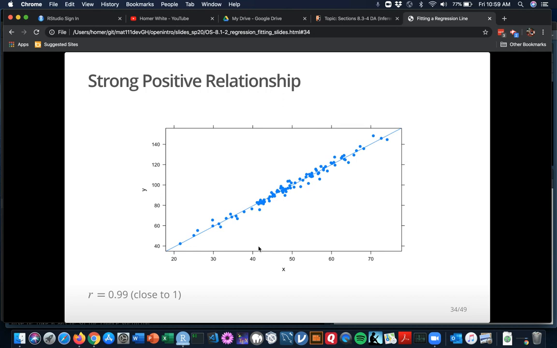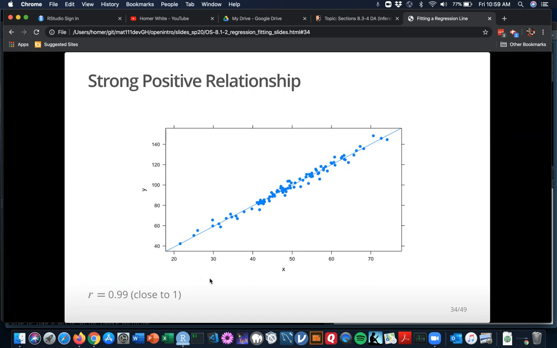And so, as an example, here's just some artificial data where there's a pretty strong linear relationship. The cloud of points stays pretty close to the line. There's not a lot of up and down scatter away from the line. Strong positive linear relationship, and look at the correlation coefficient.